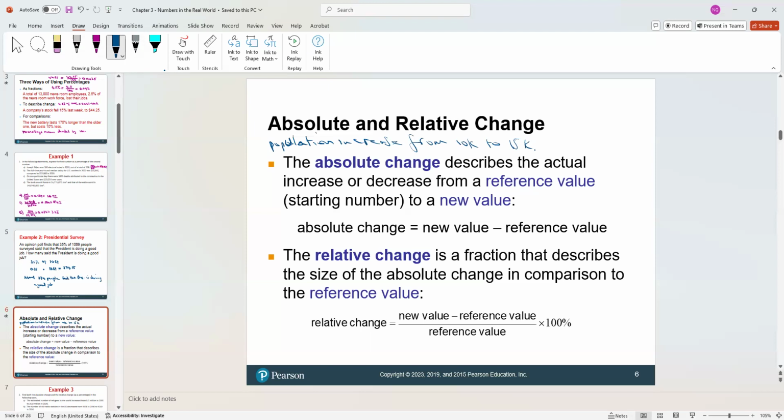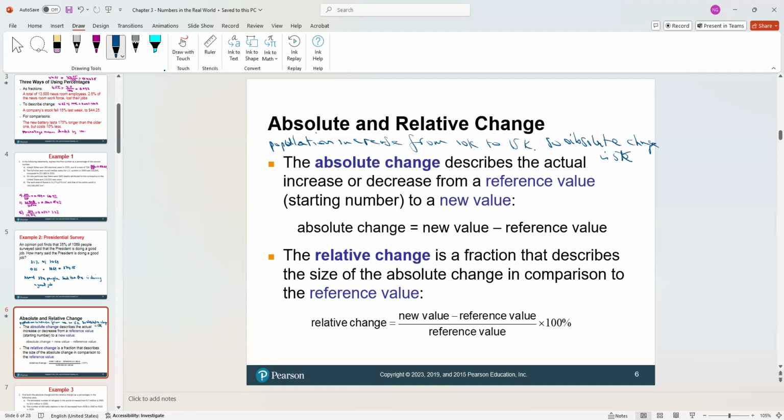So the absolute change is 5,000, right? It's 5K.